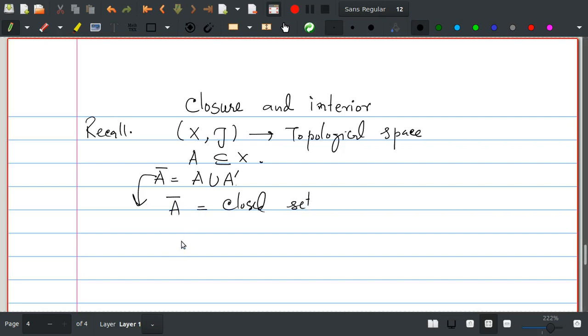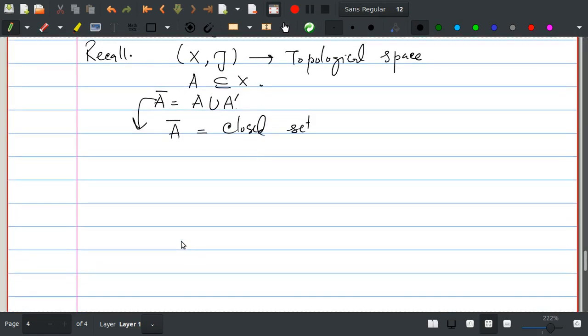Now, for example, let us consider R with the usual topology.